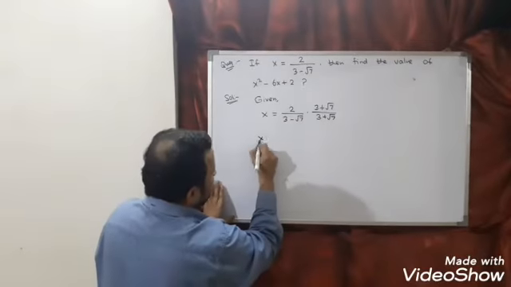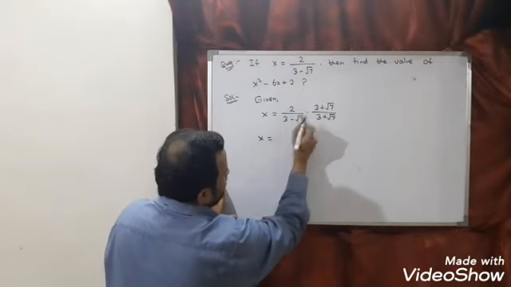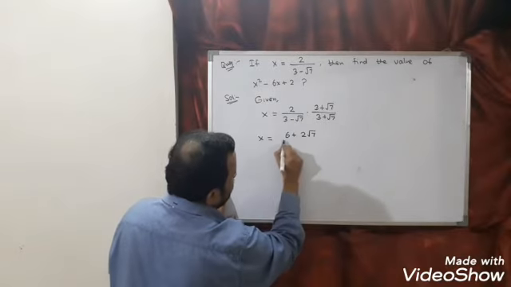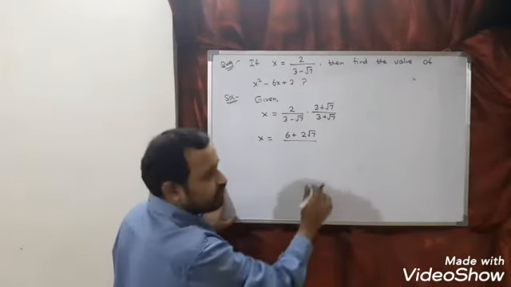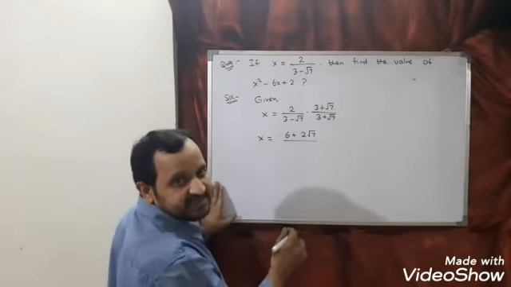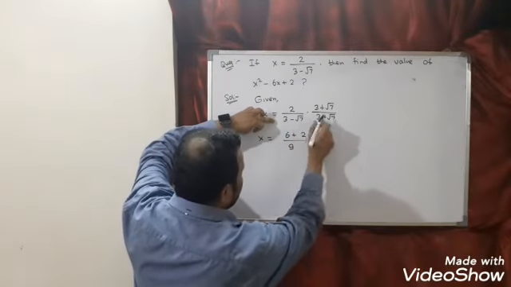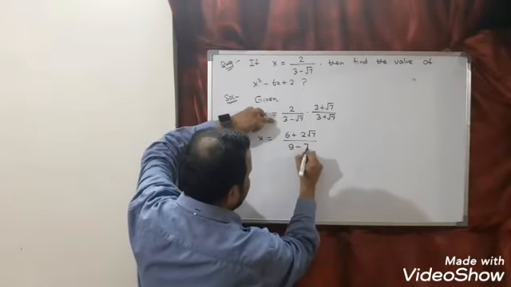Multiply. So x is equal to 2 into this, 6 will come plus 2 root 7, divided by (a minus b) into (a plus b), which we can write as a square minus b square. So 3 square, 9 minus 7.